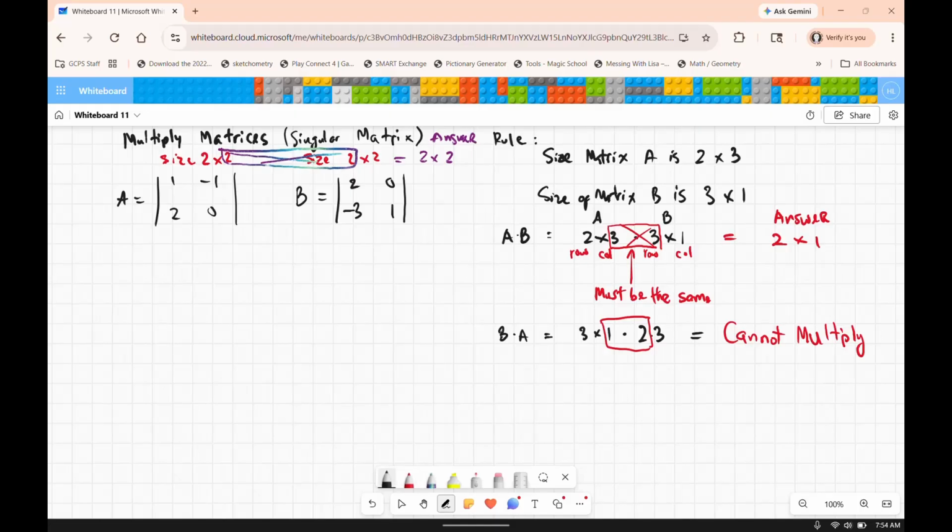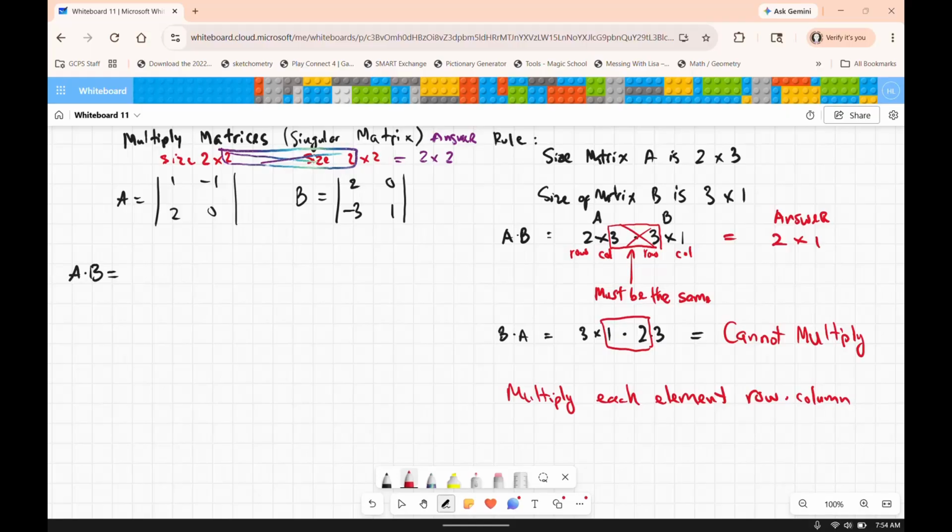Alright, let's multiply the matrices. We're going to do matrix A times matrix B. How do we multiply the matrices again? I'm going to write the rule over here: multiply each element of the row by the column.